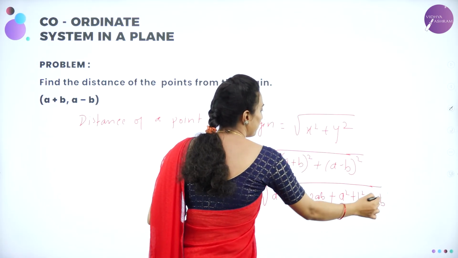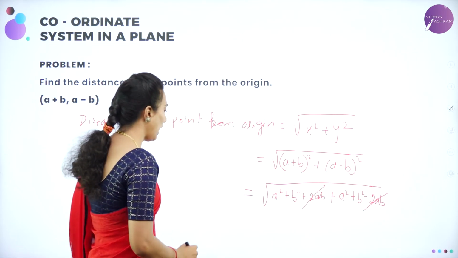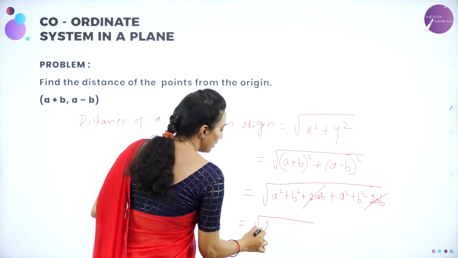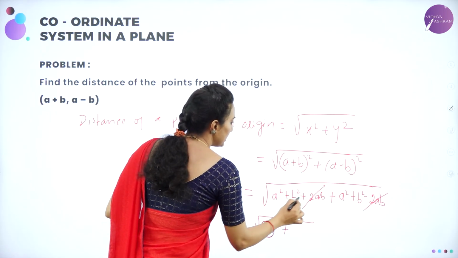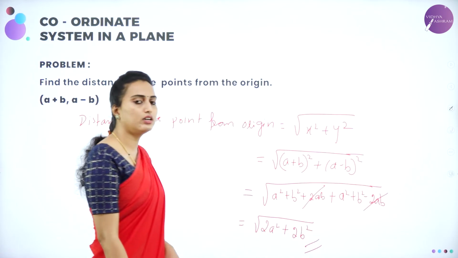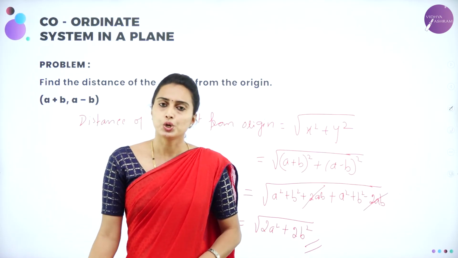Under the square root, minus 2ab plus 2ab will get cancelled. You are going to remain with the answer square root of a squared plus a squared is 2a squared plus b squared plus b squared is 2b squared. This is your answer, square root of 2a squared plus 2b squared.